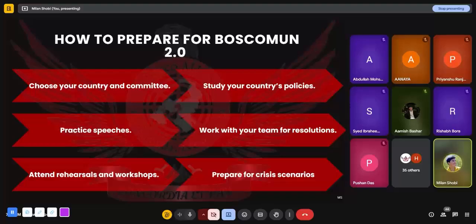Coming next, once you choose your country, choose and study your country's policies. The thing in MUN is that you really need to work like a diplomat. There are questions which are asked of you on a spontaneous basis. Immediately, someone can question your research. You really need to know what your country's policies are in order to answer that question effectively.